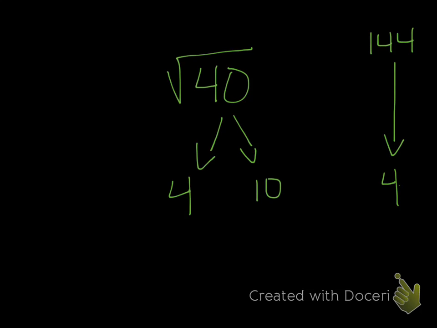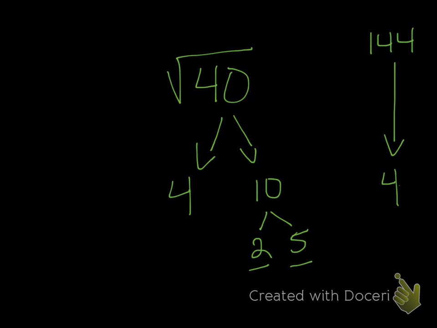Because 4 times 10 is 40. And if I was to break down 10, it would be a 2 and a 5. Now, the 2 and the 5 are prime factors. I can't break them down anymore. And do you notice that they're different numbers? It's not like I broke down a 2 and a 2. I broke down a 2 and a 5, which means I can't do anything else to 10. And so I know I've broken this down perfectly.